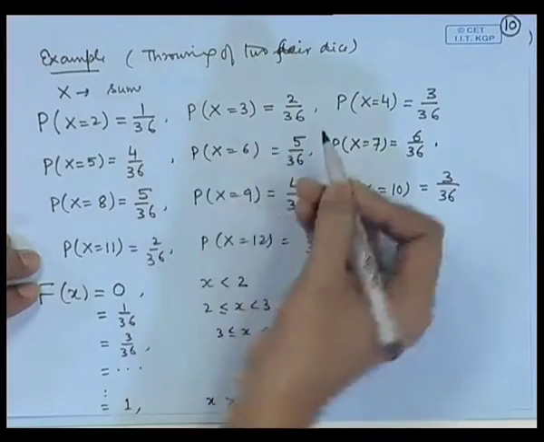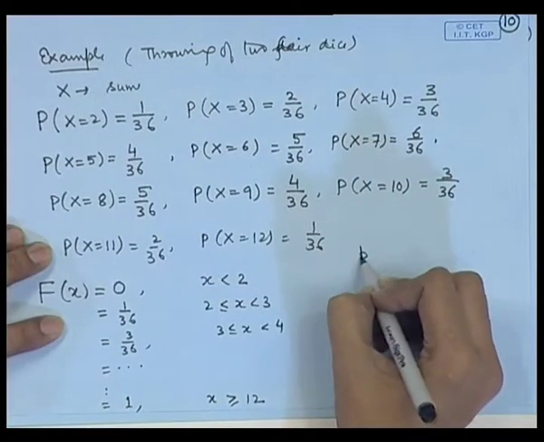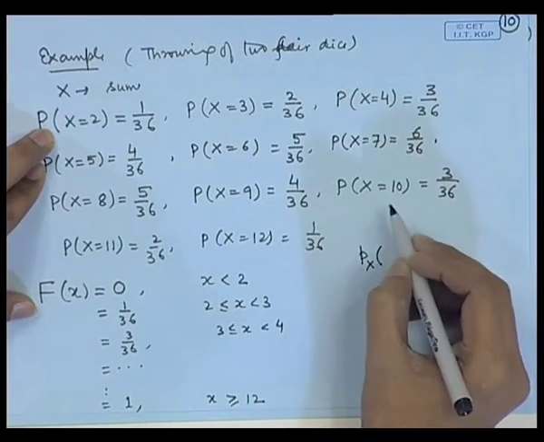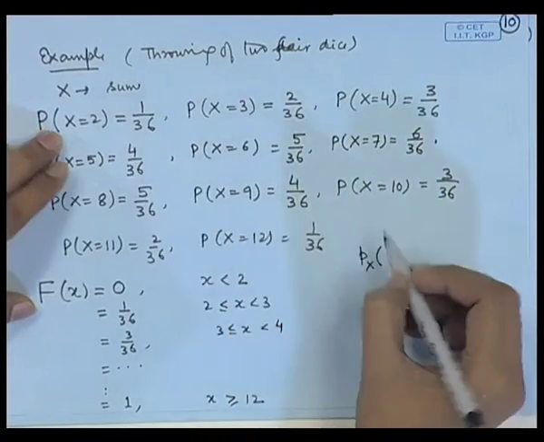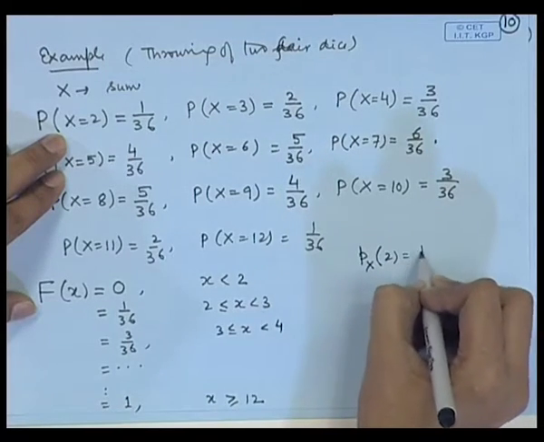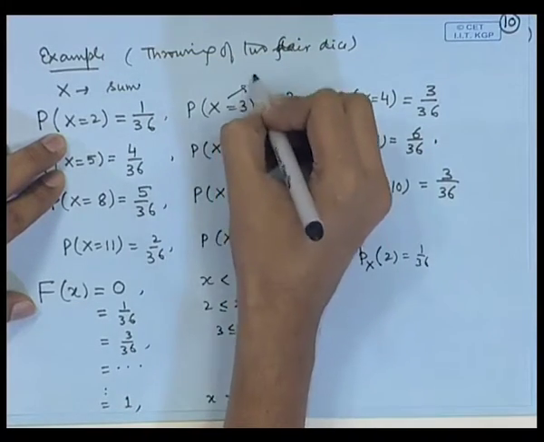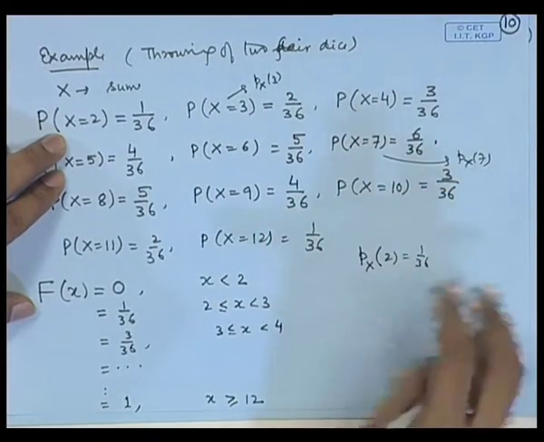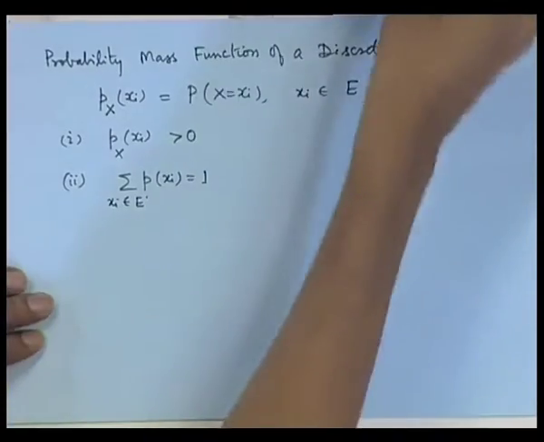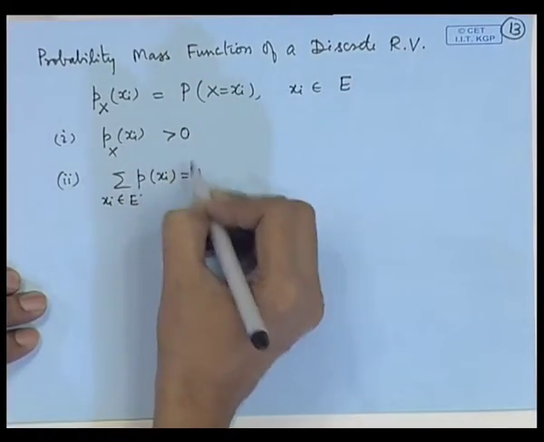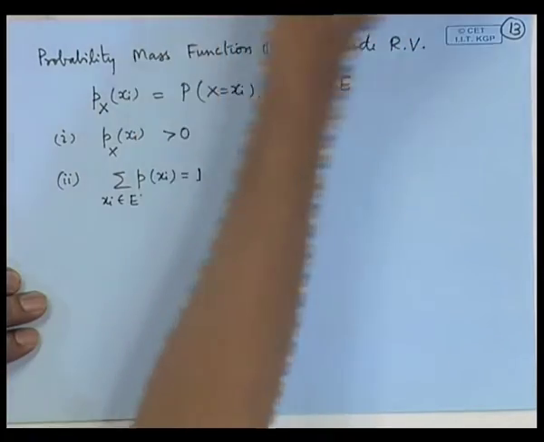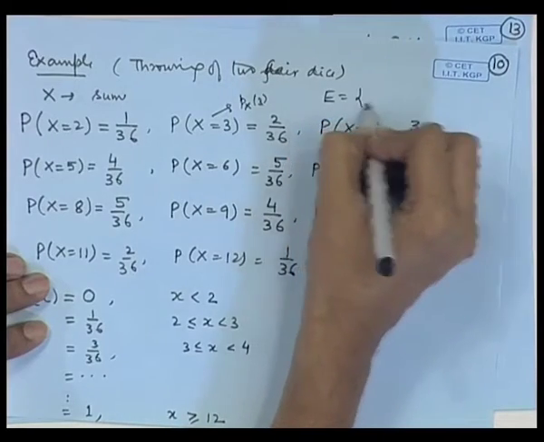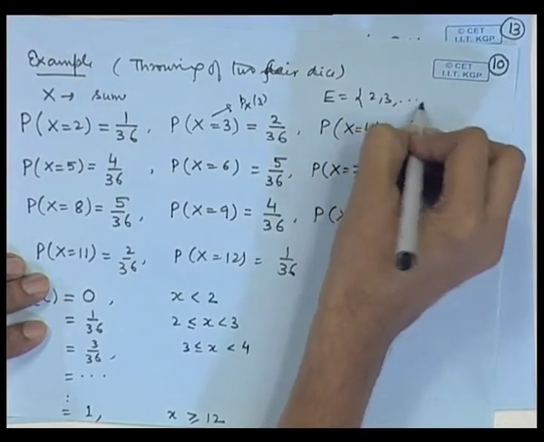Here we can write p_X(2) is equal to 1 by 36, this is p_X(3), this is p_X(7), etc. It clearly satisfies the property that p_X(x_i) is greater than 0 for x_i belonging to the set E. Here, what is the set E? The set E is 2, 3, up to 12.